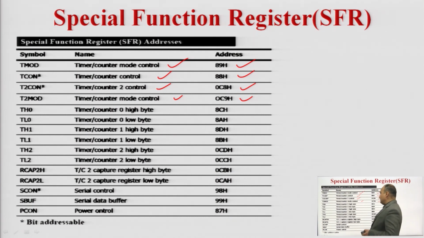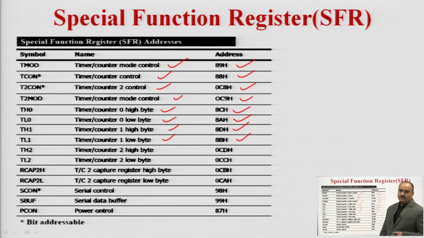Then we have two timers in the 8051 microcontroller, and each timer is divided into two 8-bit registers: timer 0 high byte having address 8CH, timer 0 low byte having address 8AH. Then we have the timer counter 1 high byte register having address 8DH, and the timer counter 1 low byte register, that is 8BH. While in case of the 8052 microcontroller, we have another timer, that is timer 2.